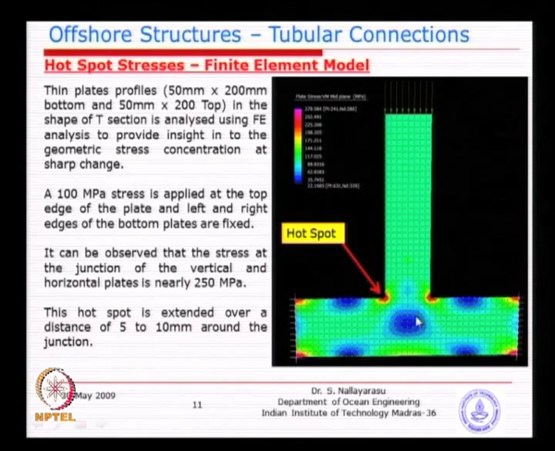Now, if you look at the stress difference, I applied 100 megapascal, and at this location you could see almost 250 something. So, this location, the dimension of this area is about maybe 5 mm maximum to 10 mm, and in that vicinity the stress is 250, 2.5 times the applied stress.